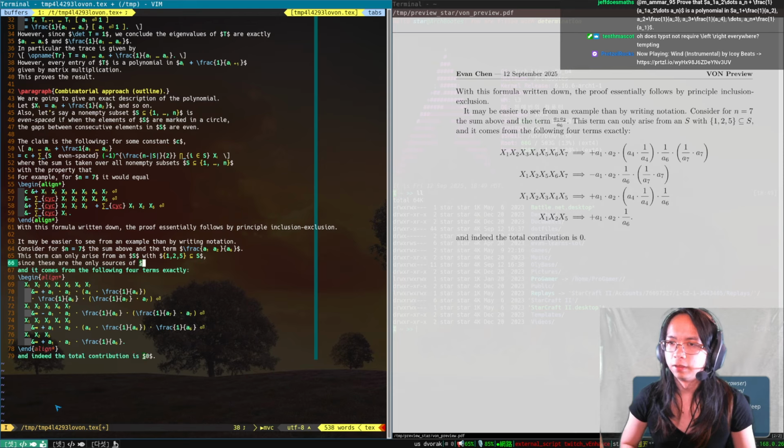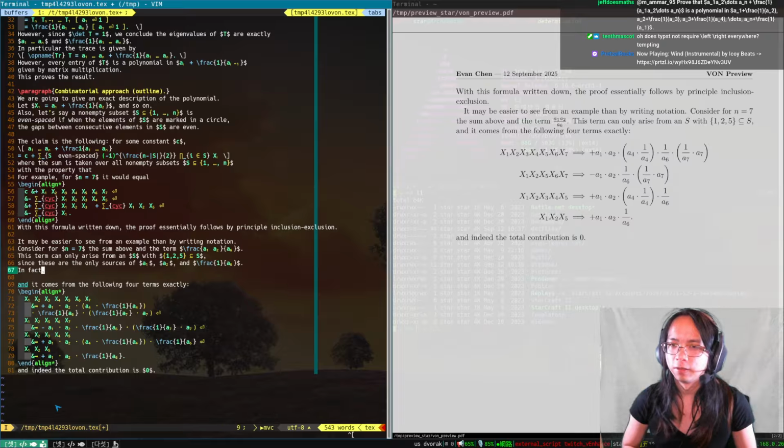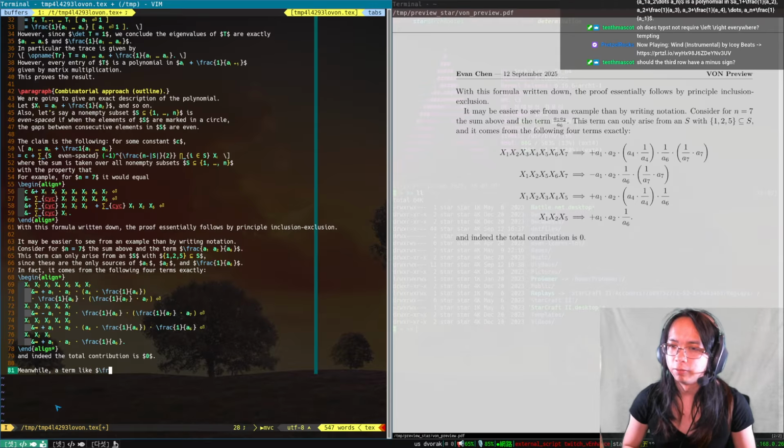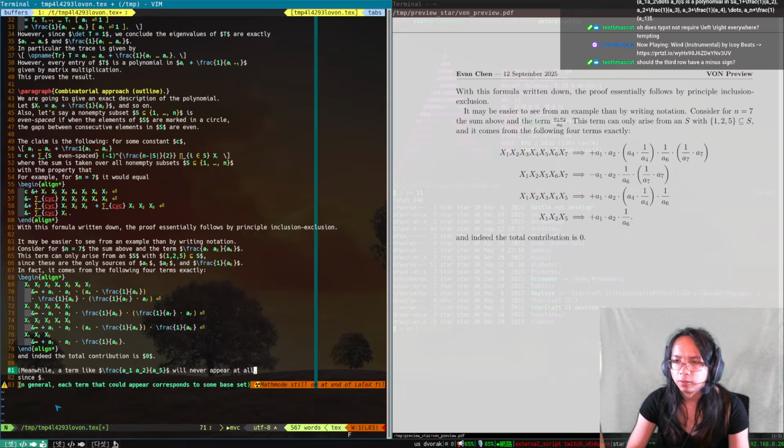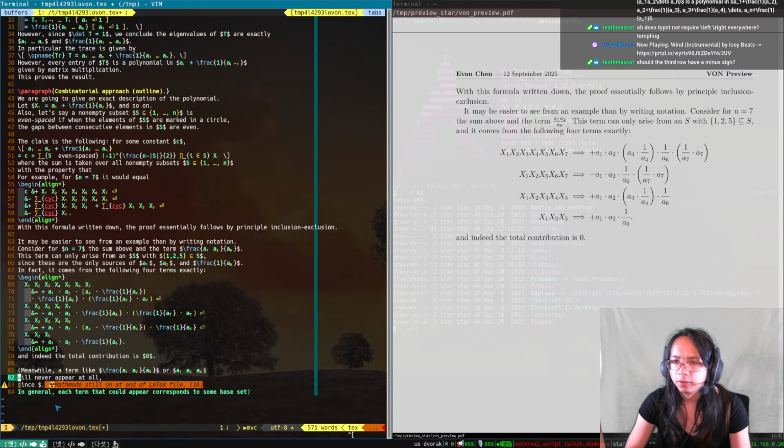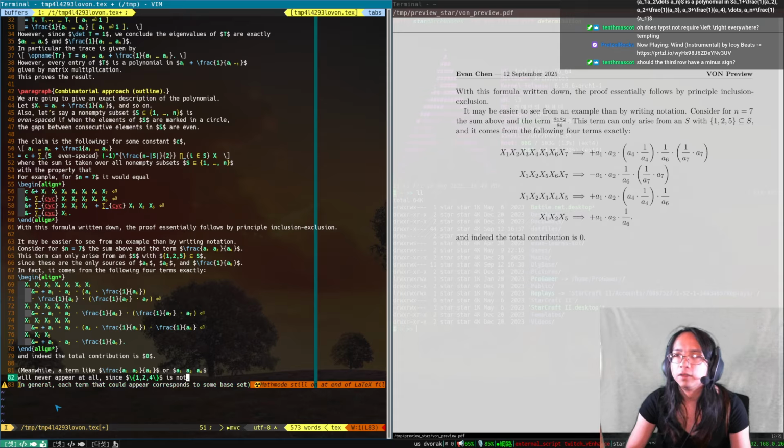These are the only sources of a1, a2, and meanwhile, a term like a1, a2 in general, each term that could appear corresponds to some base set, or a1, a2, a4 maybe is a better example, since 1, 2, 4 is not evenly spaced.